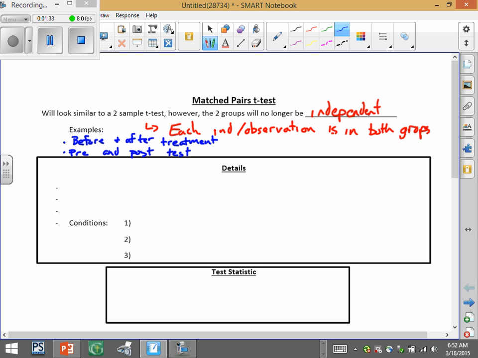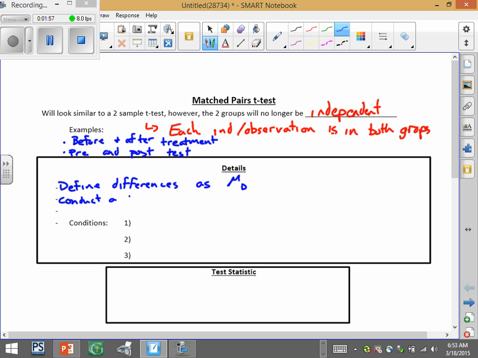So some of the details. Basically what's going to happen is we're going to define the differences as mu sub d. So basically we're going to create another list of all the differences. And once we have that, we're going to conduct our test.